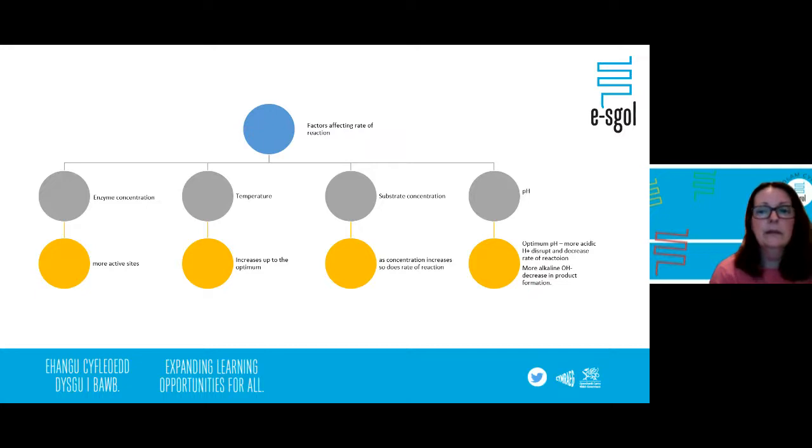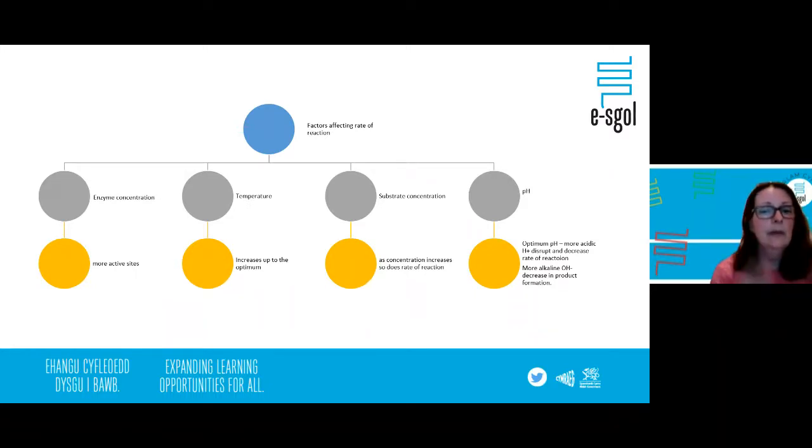Okay, so this diagram here relates to the things that might affect the rate of reaction, the speed at which an enzyme works. And there are four particular areas here. So we've got enzyme concentration, the temperature, the substrate concentration, and pH.